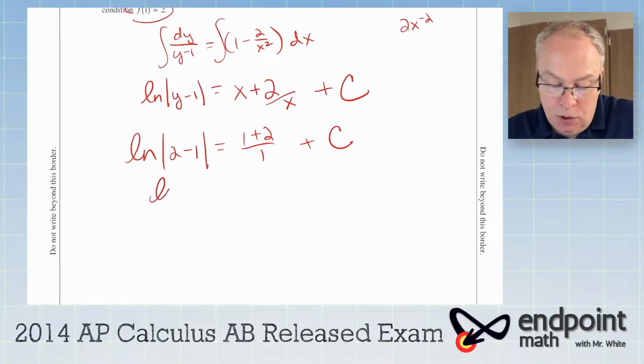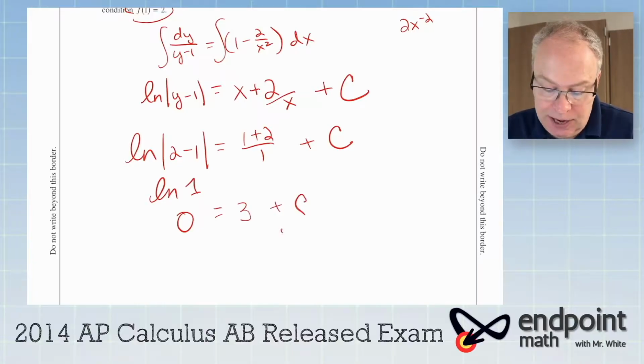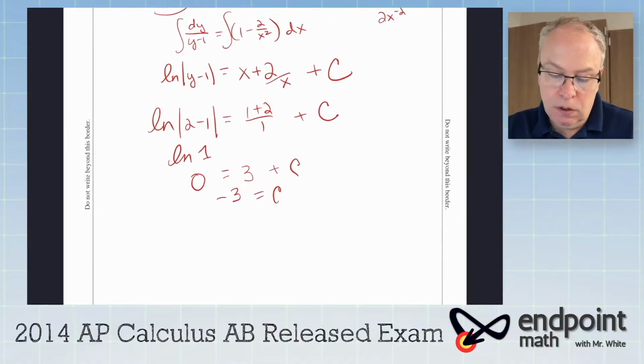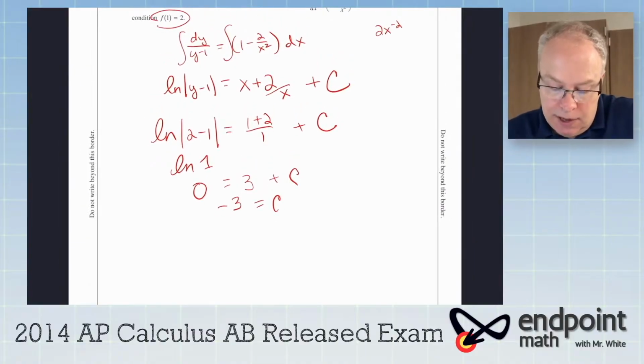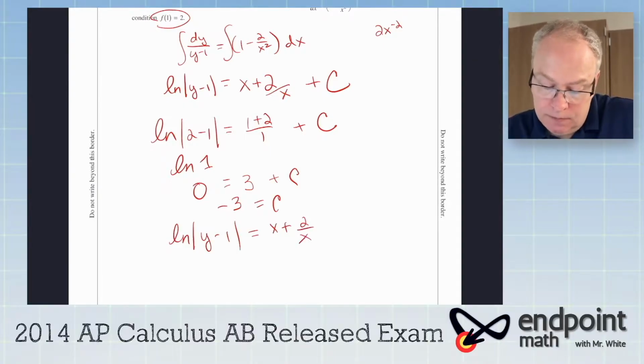So the natural log of 1 is 0, because anything to the 0 power is 1, equals, this is 3 plus c, so c equals negative 3. All right, so you go ahead and write that in. The natural log of the absolute value of y minus 1 equals x plus 2 over x minus 3.